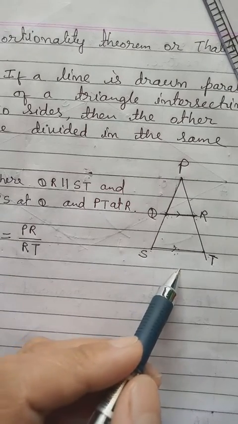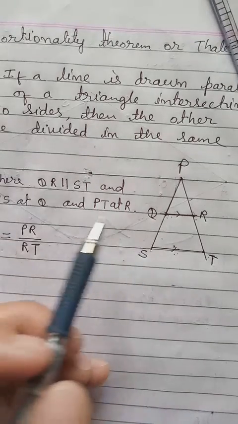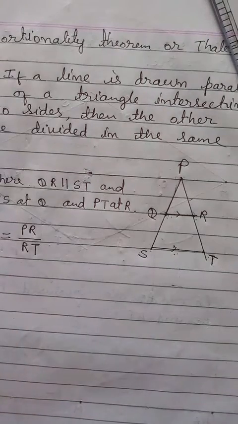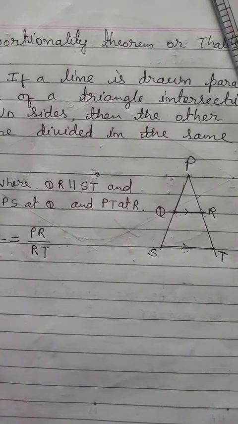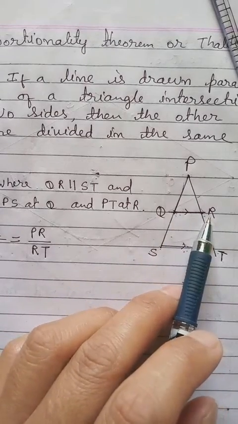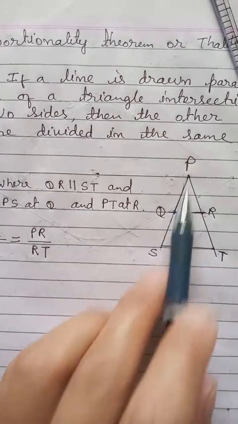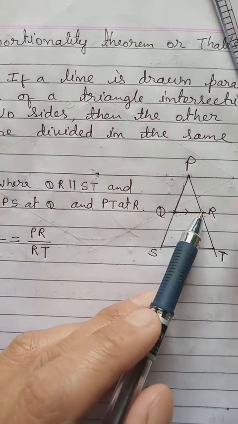We know that area of a triangle is equal to half base into height. We have the base here, but we don't have the height. Height means we have to draw a line perpendicular to that base. Here we can take PR as the base, but there is no height. We can take PQ as the base, but there is no height. So that is why we will draw the height.